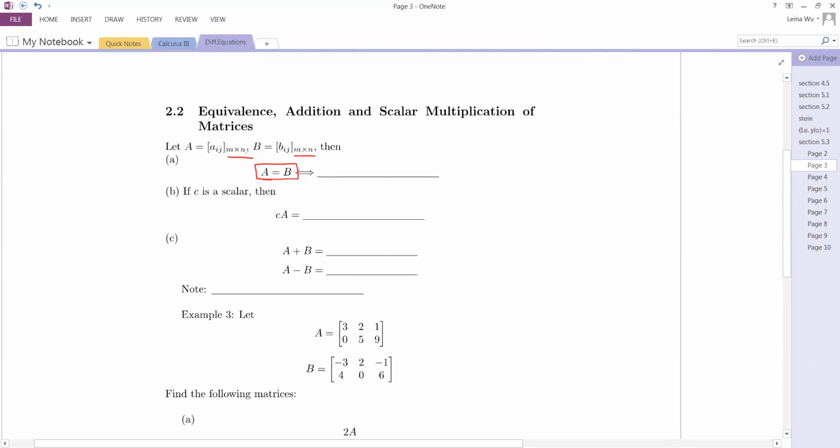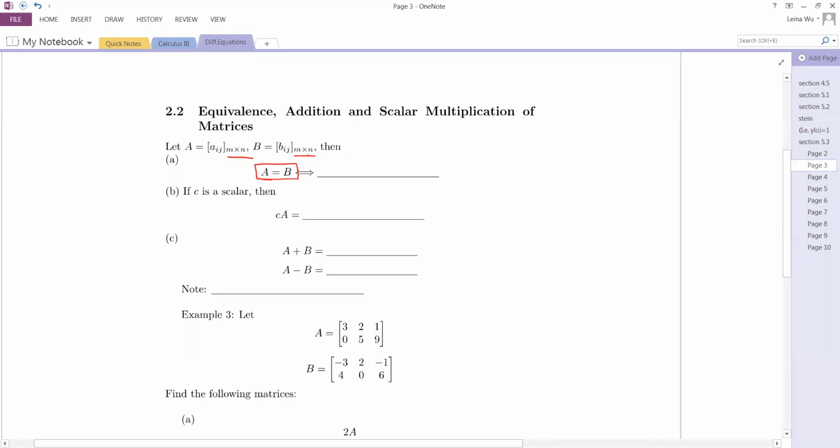Guys, other than the size matching, what else do we have to make sure of? Direction? Determinant? I don't know. Does it have to do with the determinant? No, you guys are overthinking. Don't they need to have the same m and n? You already have the same m and n.